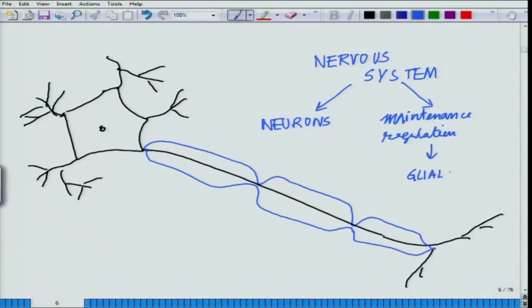They have enormous functions in the nervous system. As more and more research is being done on glial cells, we are realizing that they are exceptionally dynamic and play a very critical role in ensuring that signal transmission takes place properly. Some people even believe they are also a kind of signal generator which may have some role in information transfer.